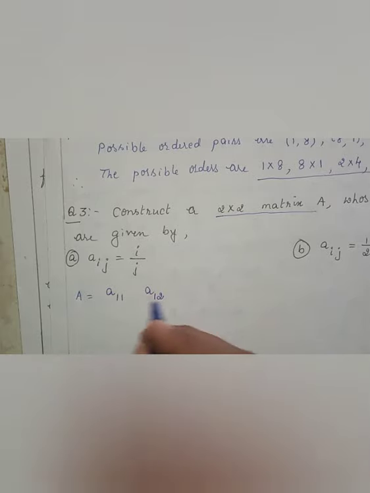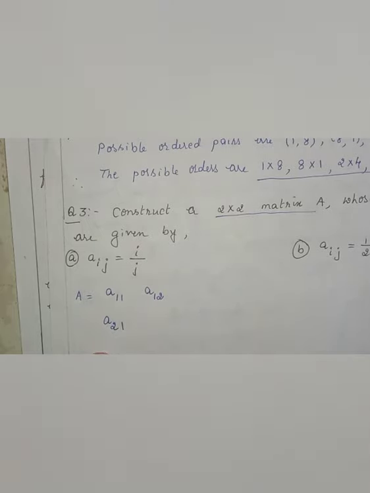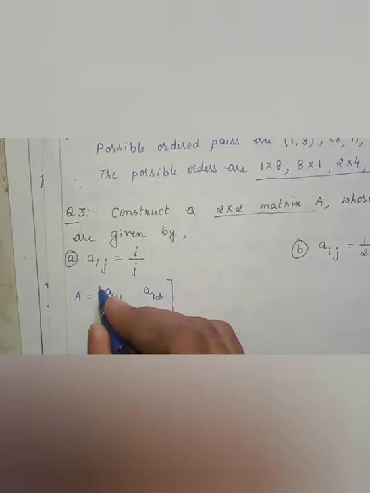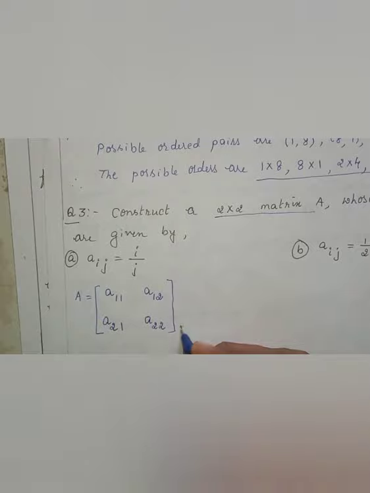So A11, A12, then 2 rows. Second row, first column, therefore we write this element as A21. Second row, second column, A22. A11, A12, A21, A22. So this is a general 2 by 2 matrix.